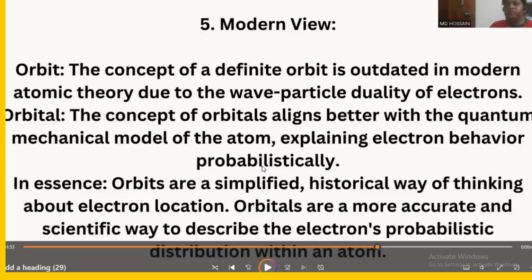So in modern view, the concept of a definite orbit is outdated in modern atomic theory due to the wave-particle duality of electron.